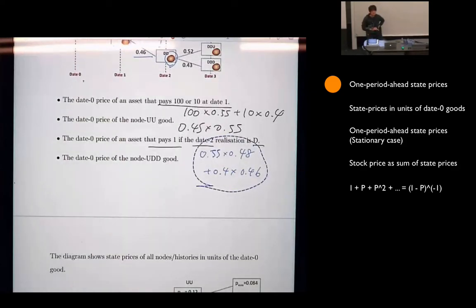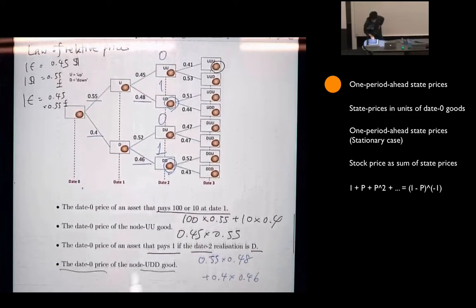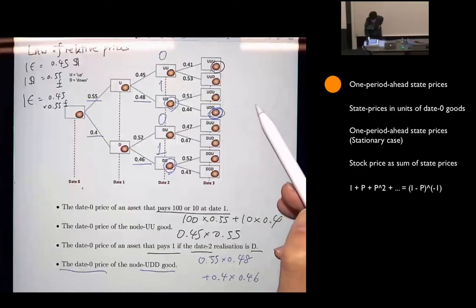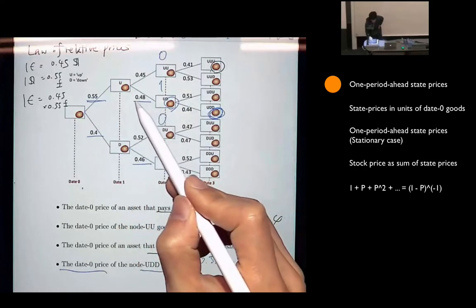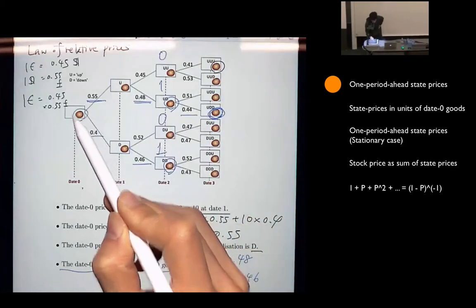And finally, what is the price of the node UDD good in units of date 0 good? Node UDD good is this. So the price of this potato is 0.55 times 0.48 times 0.44 units of the date 0 potato.